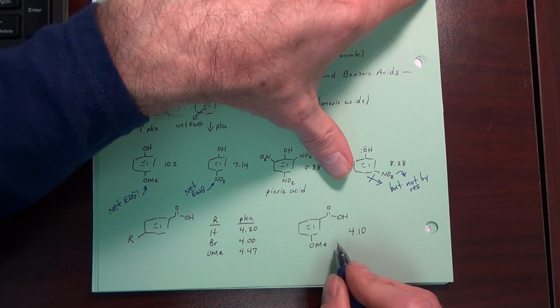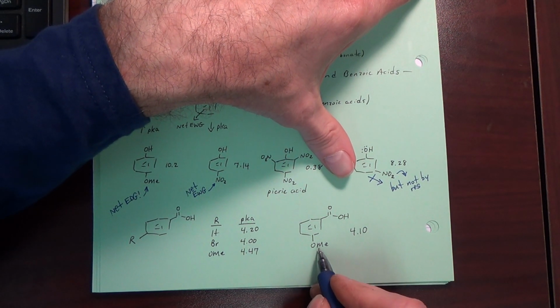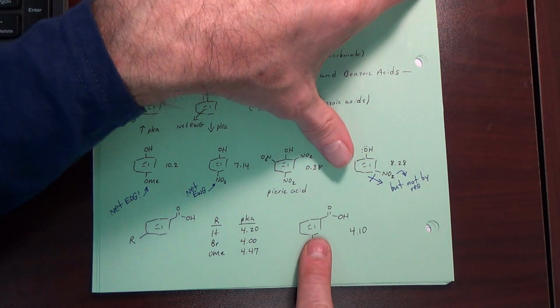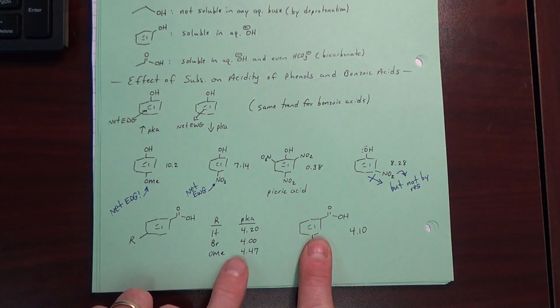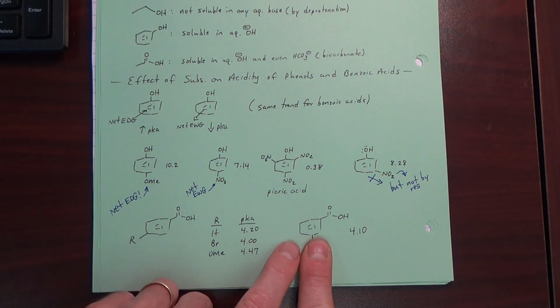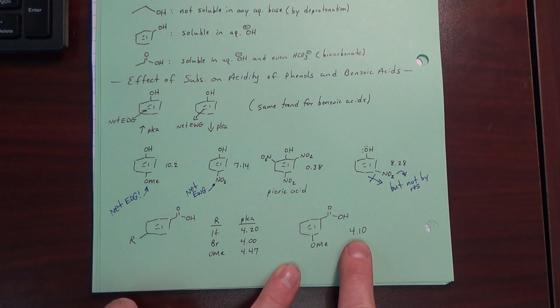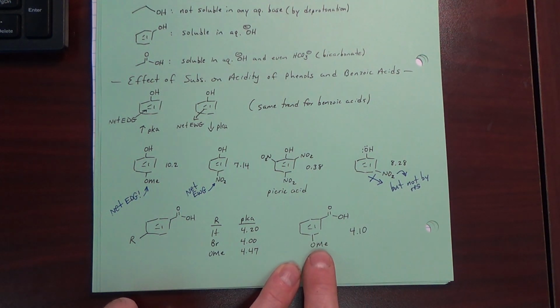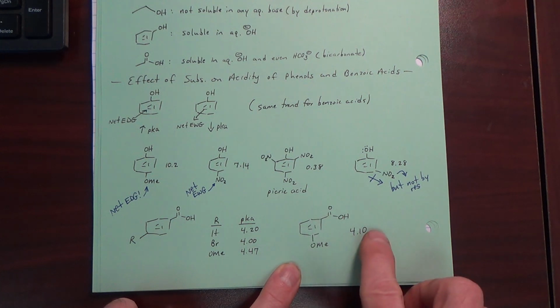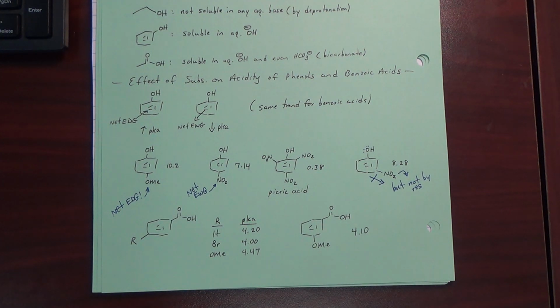But look at this example here. We have a methoxy on the benzoic acid. If it wasn't there, it's 4.2. If it's there, it's 4.1. The methoxy group has made the acid more acidic. How is that the case?